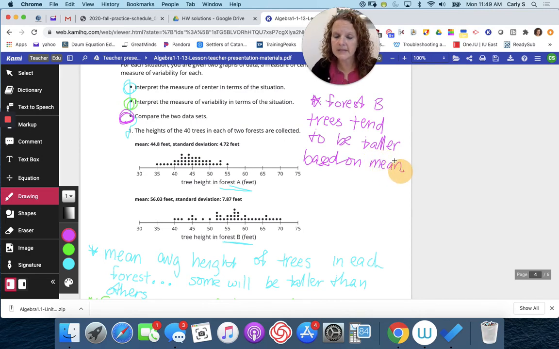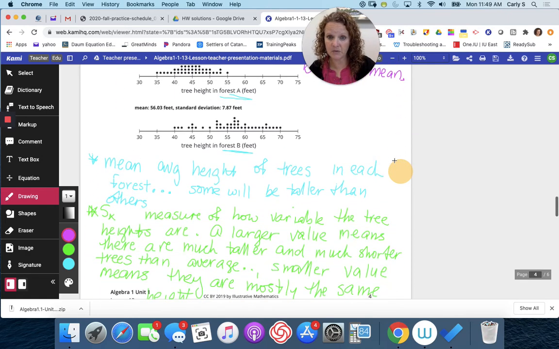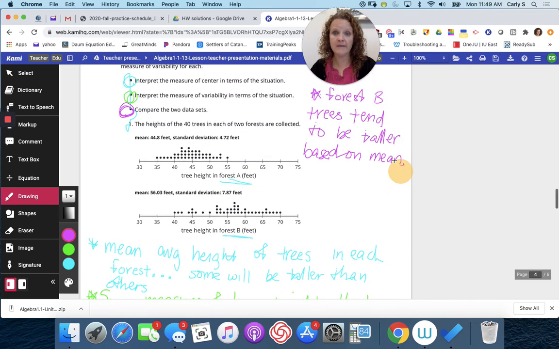And then if we look at the standard deviation, Forest A is 4.72 and Forest B is 7.87. So higher standard deviation means that there's more variability, because that's what we wrote here. A larger value means there are much taller and much shorter trees than the average, so more variability.